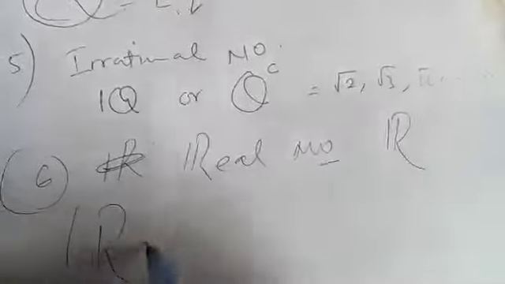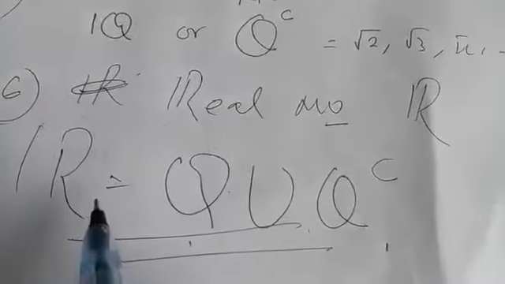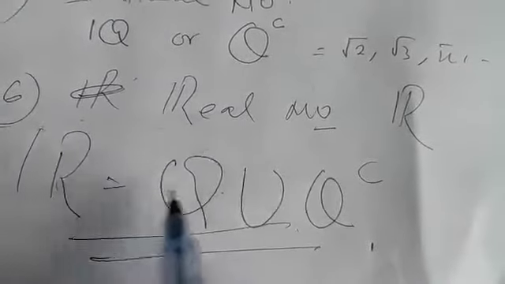That will make us now define real numbers. We use this capital R for real numbers. We now say that the real numbers will be Q union Q complement, that is the union of rational and irrational. That simply shows that the real numbers are the union of numbers in terms of fraction and numbers not in terms of fraction.